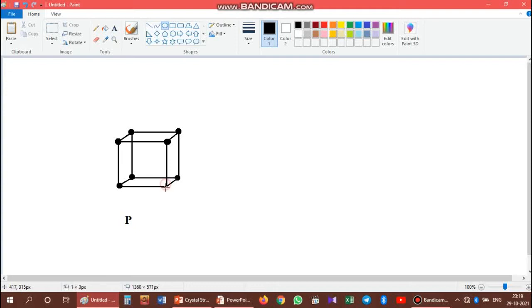So this way you are putting the 8 lattice points on the 8 vertices of this simple cube. Okay, now 110 lattice plane.